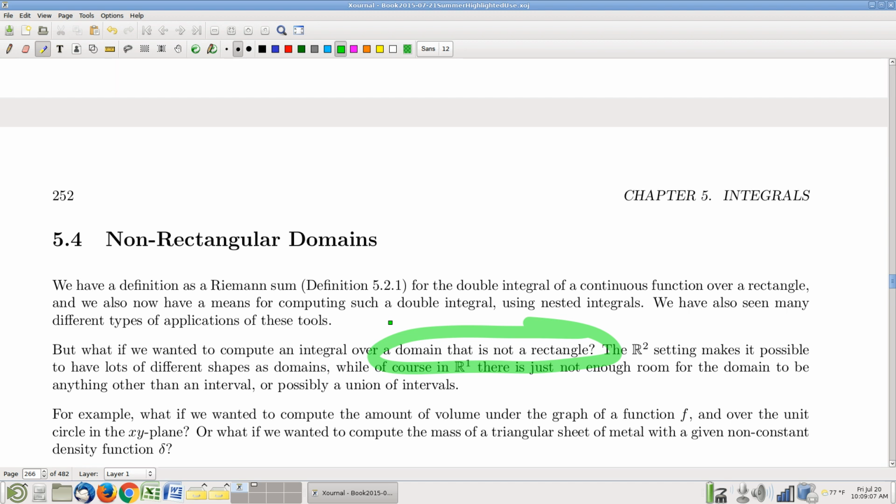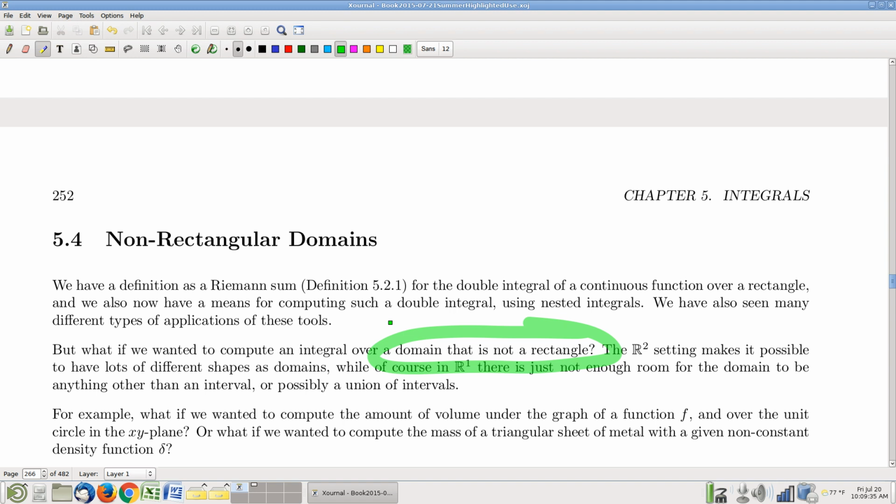Our definition says, take your rectangle, and chop it certain ways, and that gives you sub-rectangles, and i goes from 1 to n, and j goes from 1 to n. The way we wrote that down is critically dependent on it being a rectangle. So not only do I not know how to compute these things, I haven't even defined these things yet.